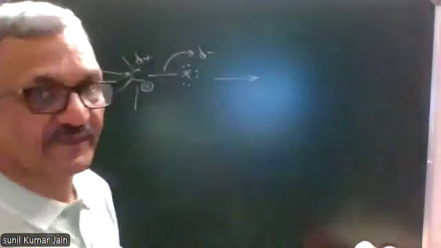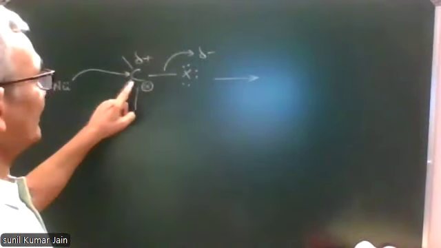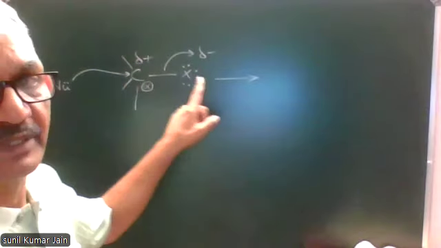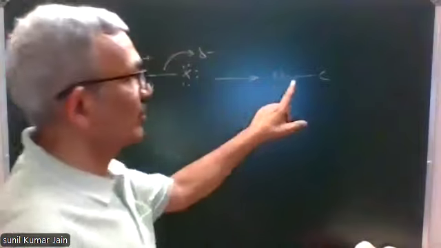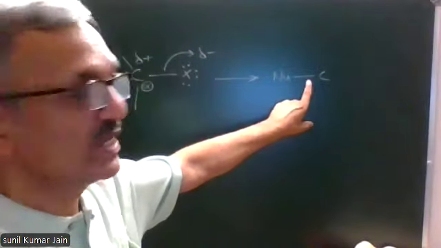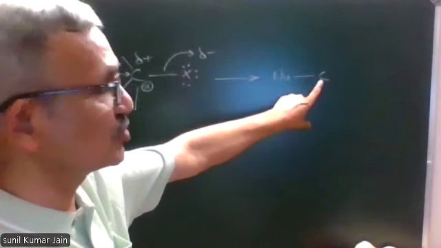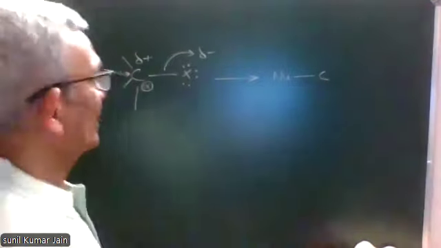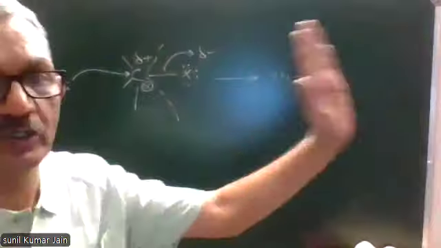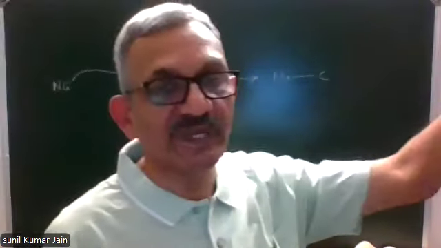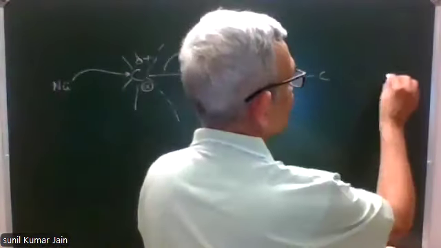Now, as per definition, nucleophile will give its lone pair of electrons to carbon and form a bond with it. Nucleophile has given lone pair of electrons and that lone pair has been used to form a bond with carbon. This bond between carbon and halogen will break heterolytically. Halogen will be eliminated as halide ion.